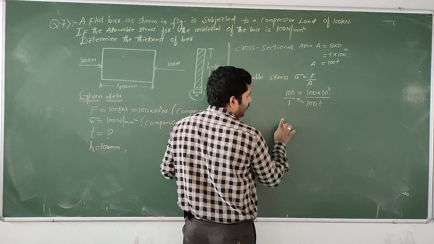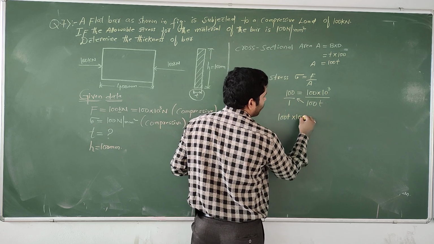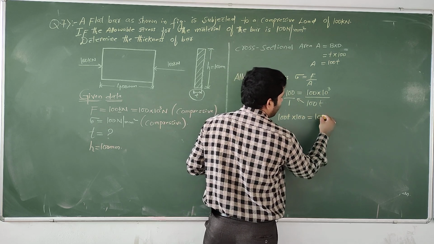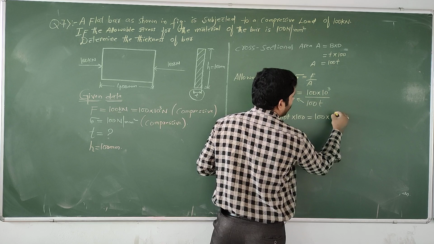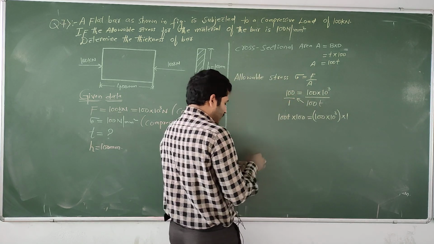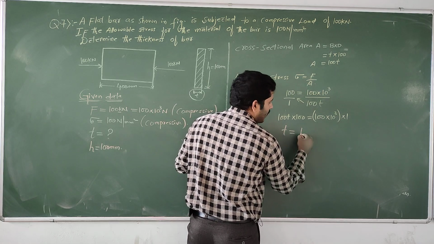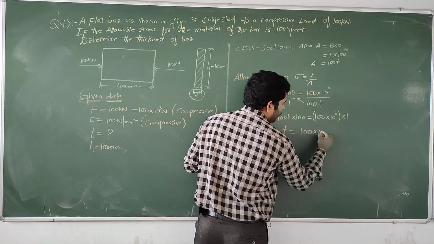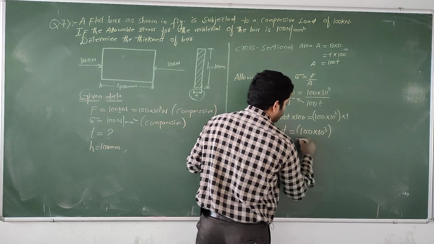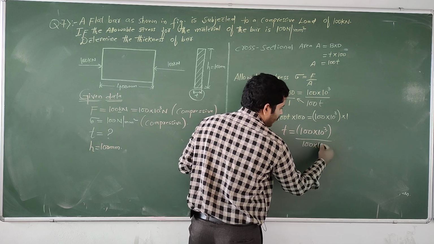T into 100 equal to 100 into 10 power of 3 multiply by 1. Then T equal to 100 into 10 power of 3 divided by 100 into 100.